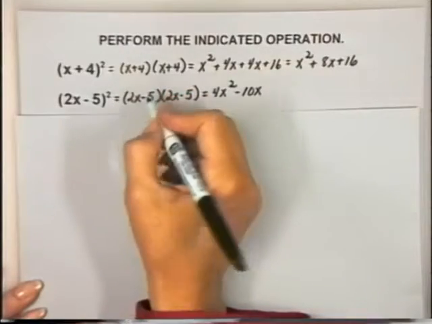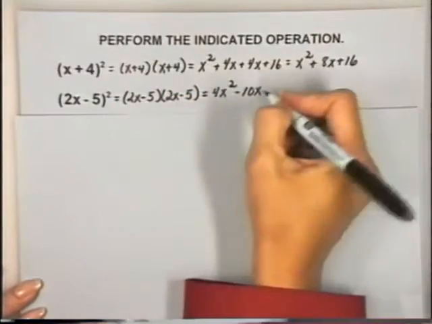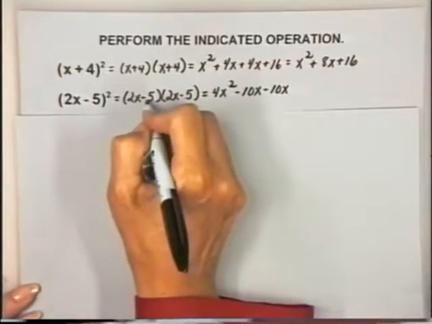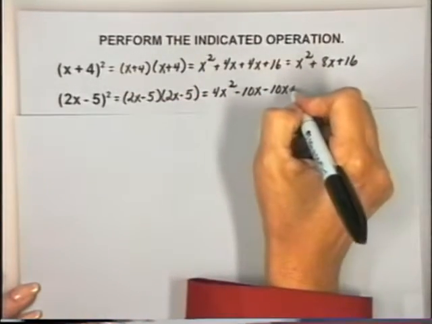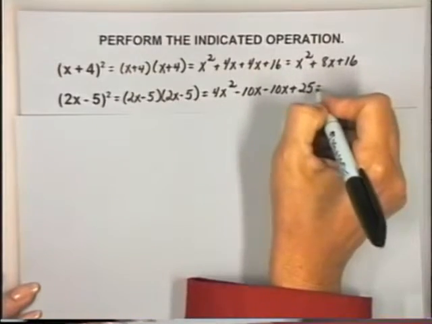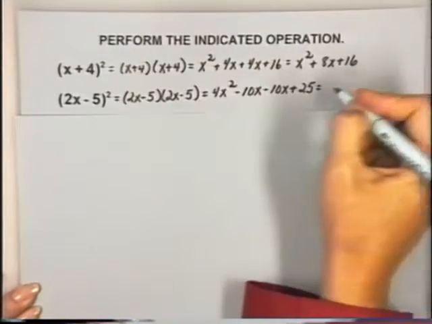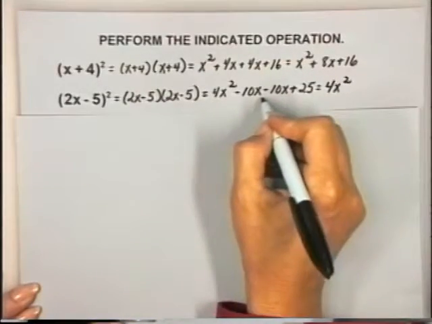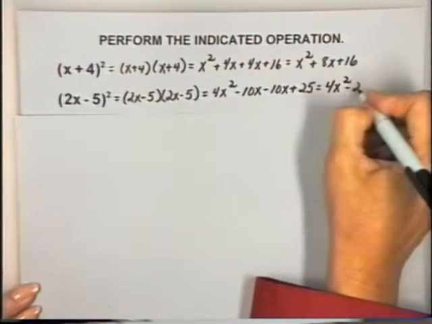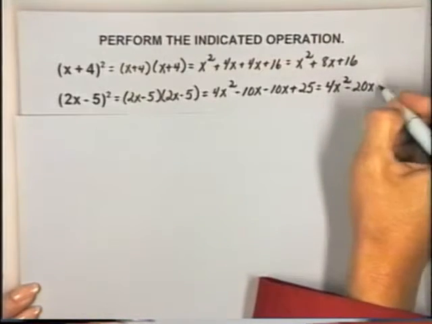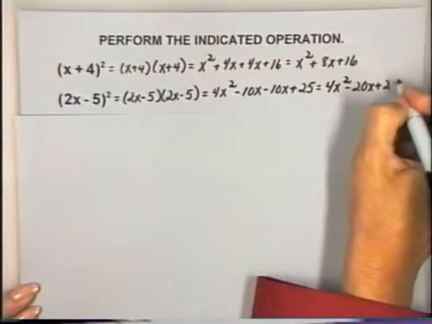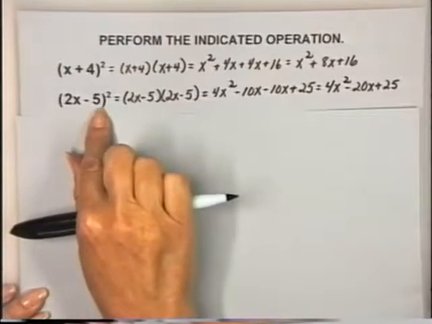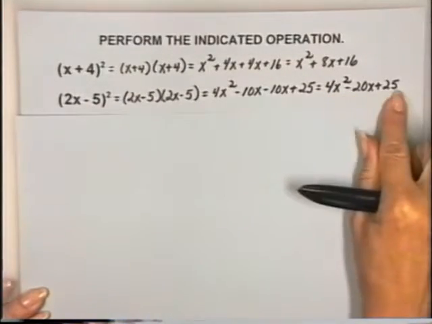Multiplying inner terms, we will say negative 5 times 2x is negative 10x. And last, negative 5 times negative 5 is positive 25. Combining like terms, we have the 4x squared, minus 10x and minus 10x will give us minus 20x, and then we will have the 25. Once again, when we squared the binomial, the result was a trinomial.